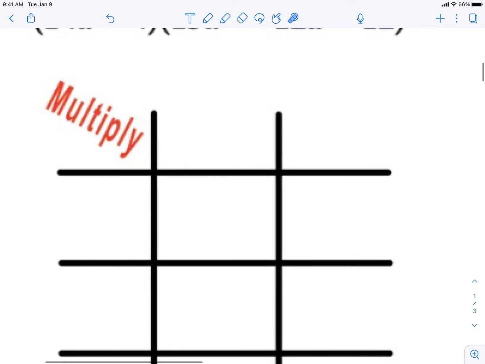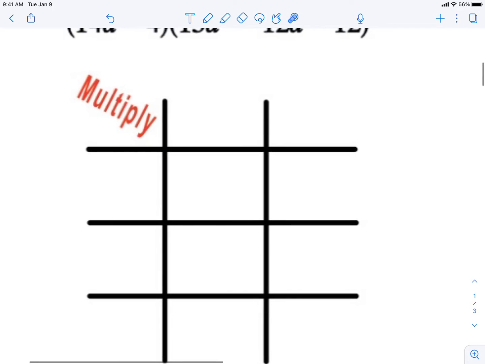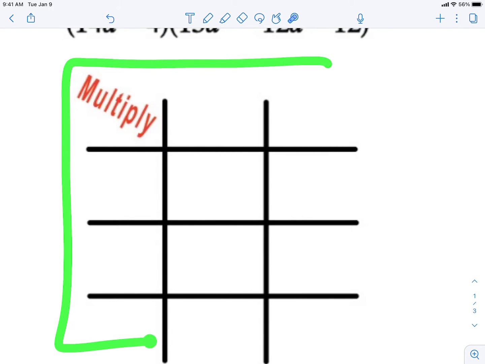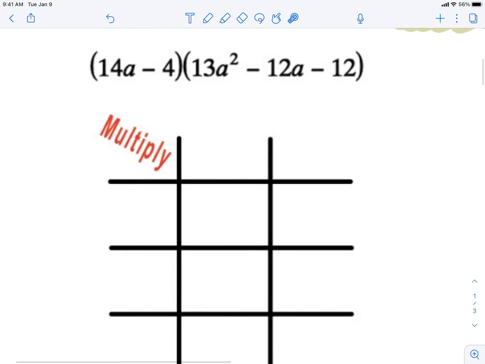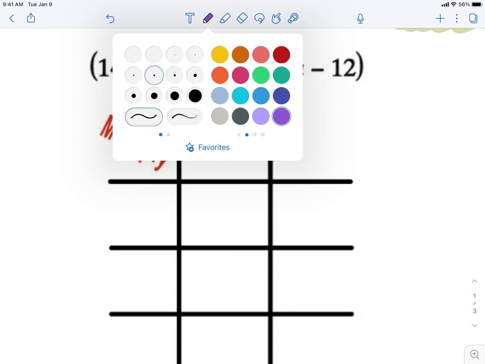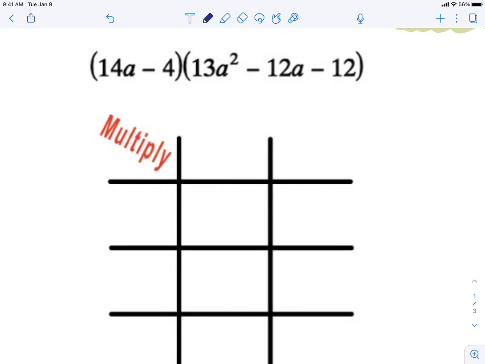The way this works, everybody, is we're going to use this box right here. That's why it's called box multiplying. This first parentheses had two terms, so we got 1 and 2. Let us include those numbers in there. The first term here is 14a, so 14a will go here.